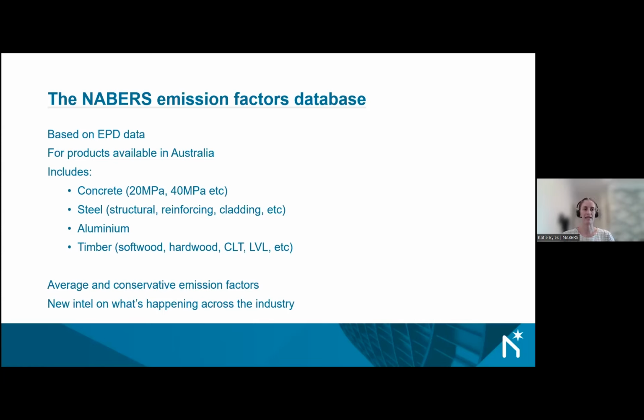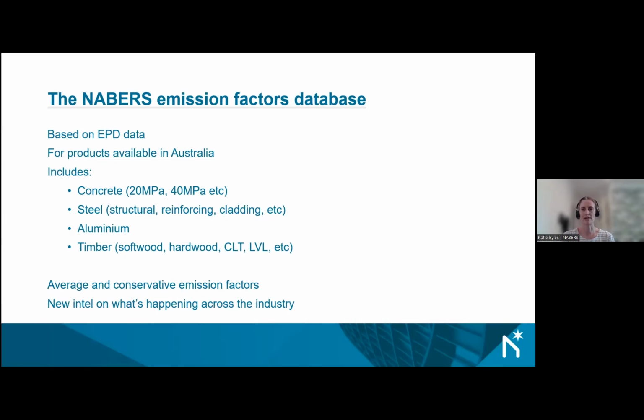The way that we're creating this is by collecting all of the EPD and other appropriate verified data that we can find for materials that are available to use in construction in Australia. That means materials created in Australia and also materials that are imported and used here.